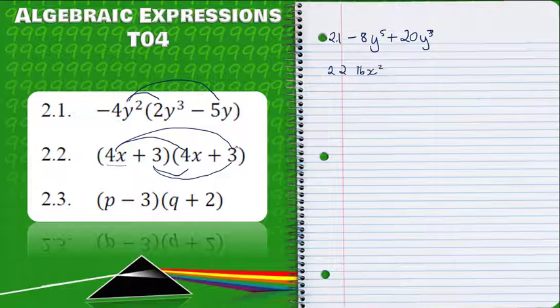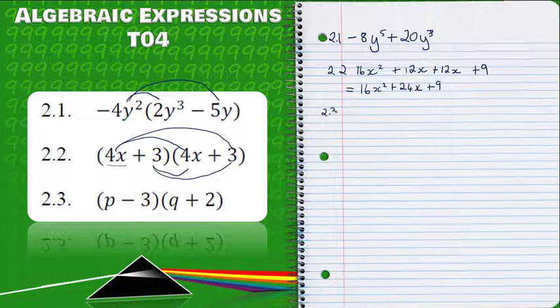Then 4x times 3 gives me positive 12x. Then we move over to this 3. 3 times 4x is plus 12x. And then finally 3 times 3 is 9. So add your like terms. The only like terms we have are these two middle terms. So we have 16x squared plus 24x plus 9.